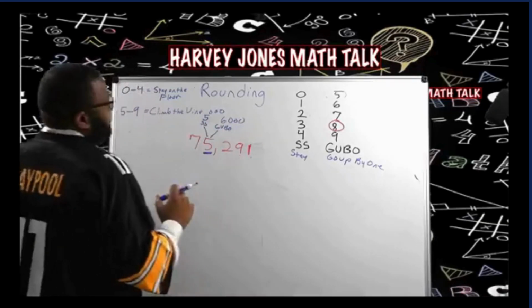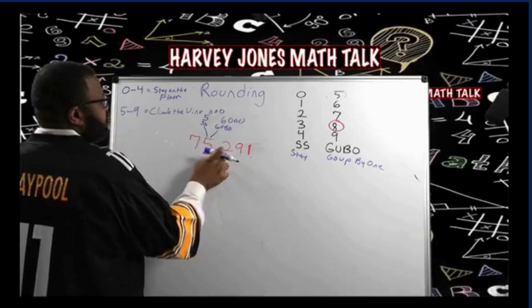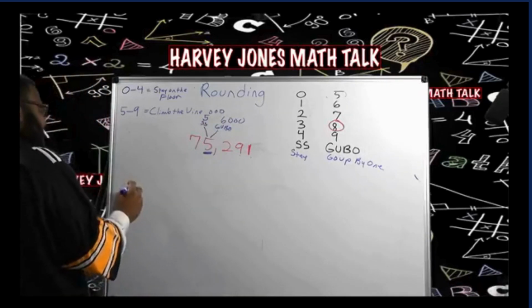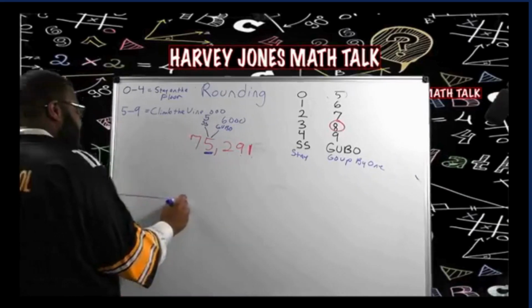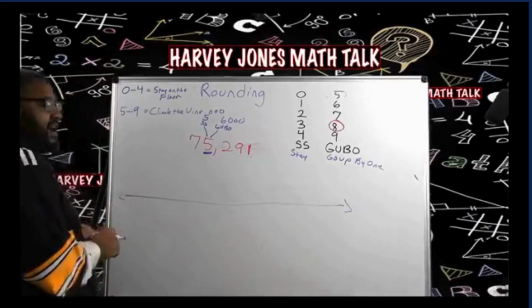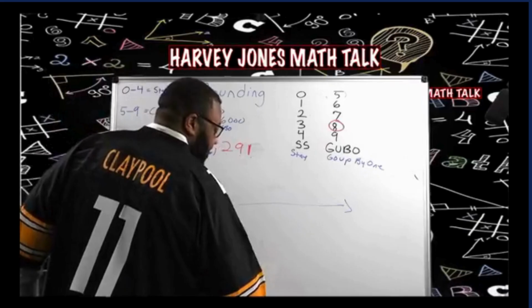So technically, 5,291 is between 5,000 and 6,000. Mr. Jones, for real? Yeah, watch this. All right. We did a number line with our tens. We did a line with our hundreds.